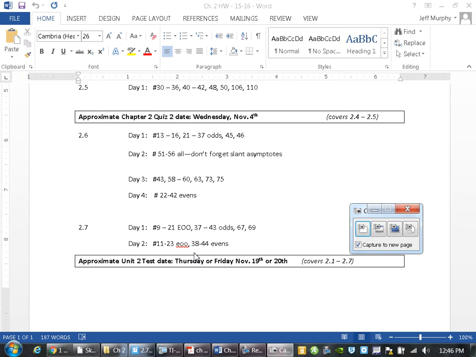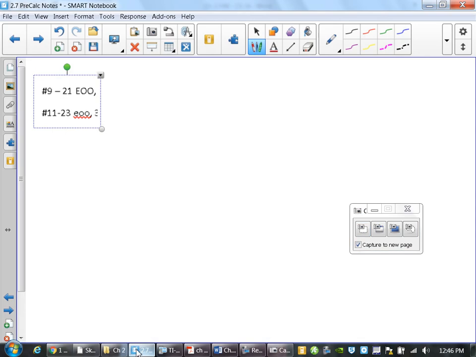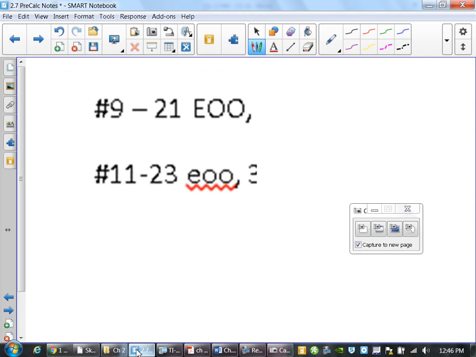Do you want us to go 23 or 21? It says 21, but if you look at day 2 it says 11 through 23, every other odd also. So for today, let's just do these, which is basically 9 through 23 odds.